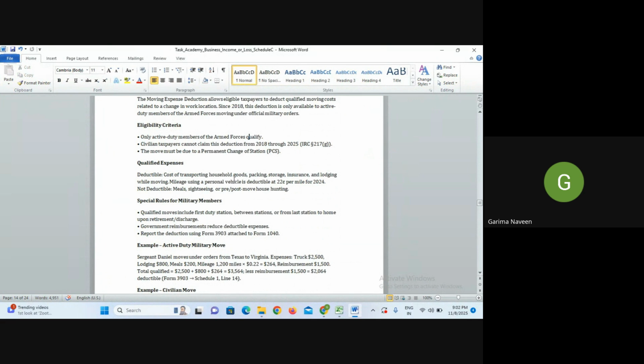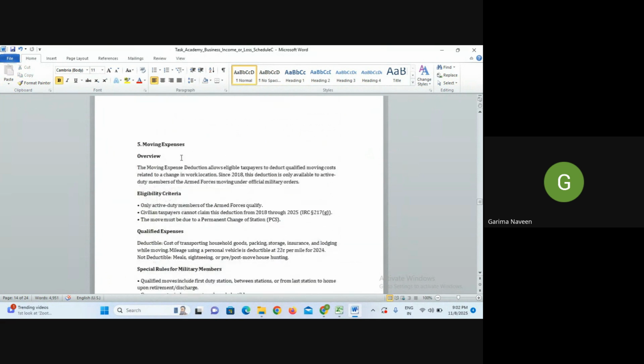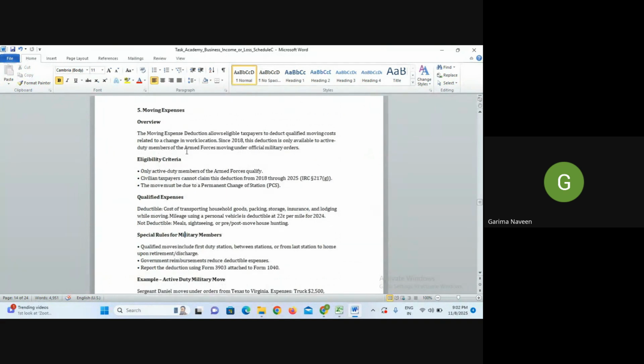Clear? Qualified expenses means the cost of transporting household goods, packing, storage, insurance, lodging while moving. Mileage using a personal vehicle is deductible at 22 cents per mile for 2024. So if you are moving to another location, then you can deduct the moving expenses, but this is subject to certain eligibility and limitations.